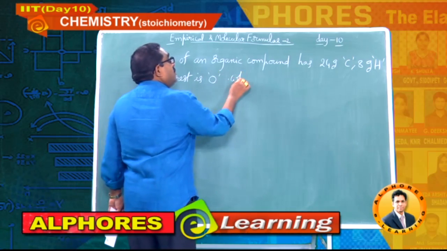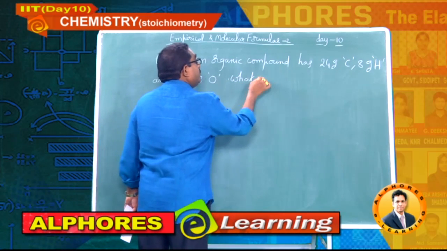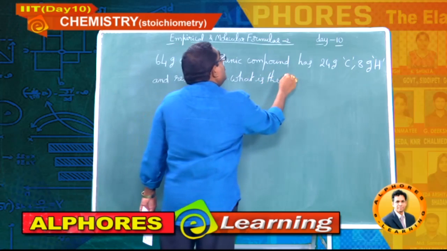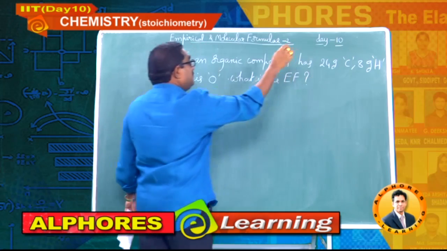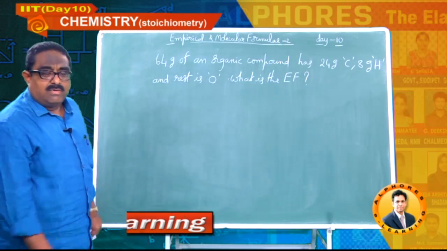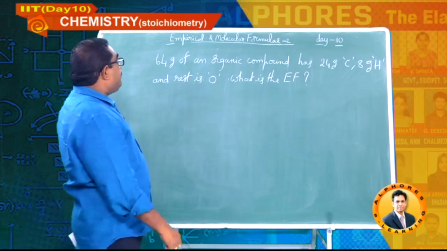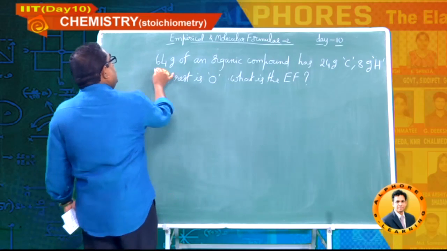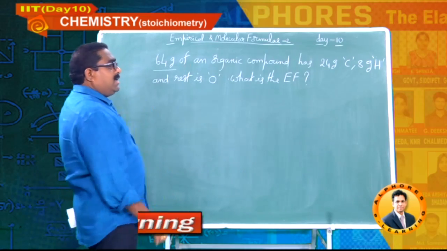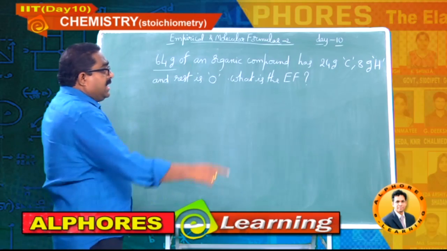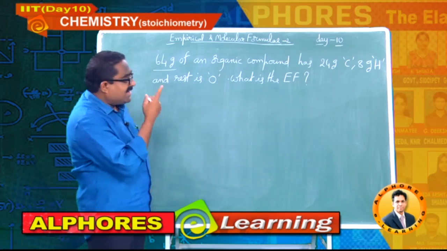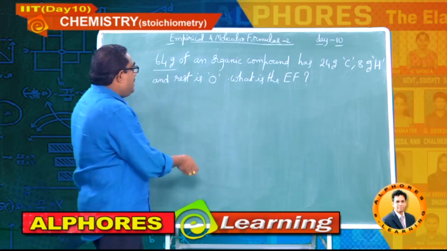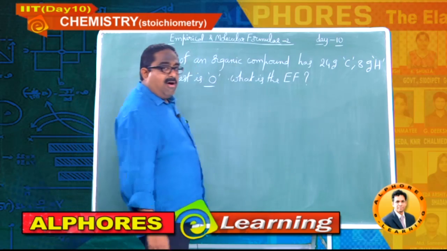The question is, what is the empirical formula of the compound? He has given just the total mass of the organic compound, and indirectly he is saying that the organic compound contains carbon, hydrogen, and as well as oxygen.